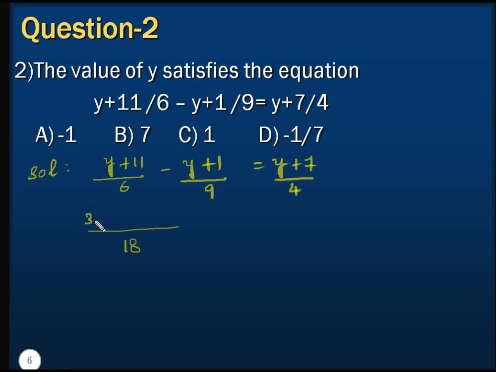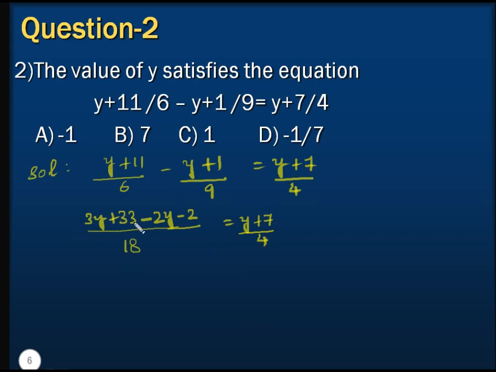So that is 3y + 33, minus. 9 should be multiplied with 2 to get 18. So 2 into (y + 1), that is -2 into y, -2y, minus into plus will become -2. This is equal to (y + 7)/4, right?